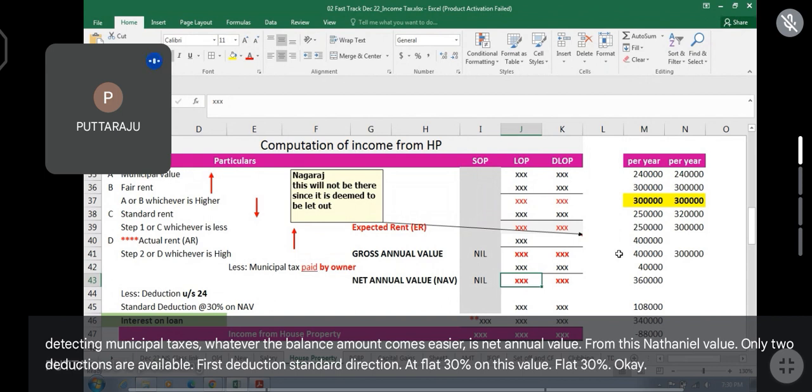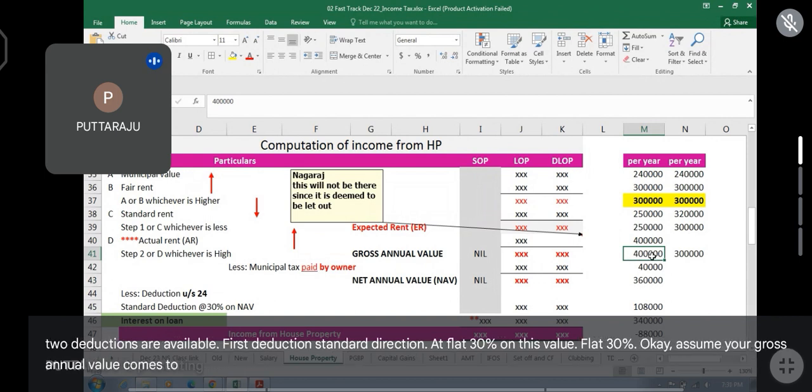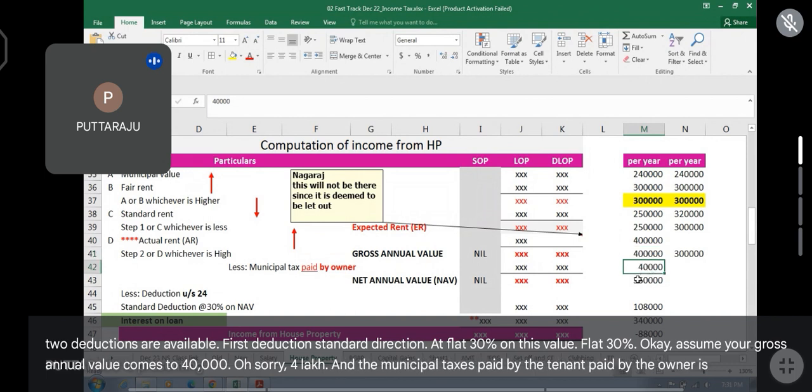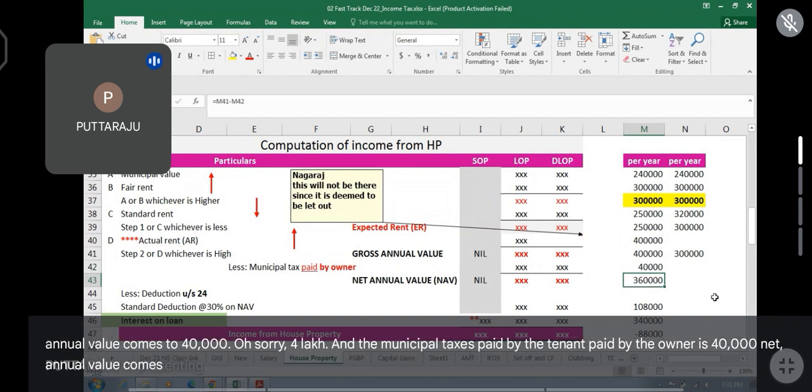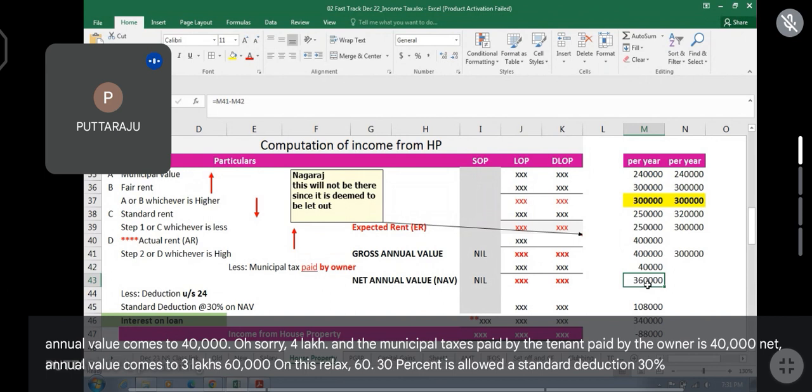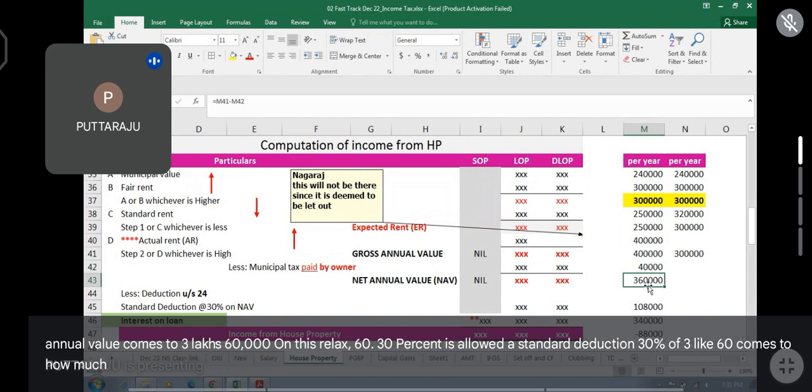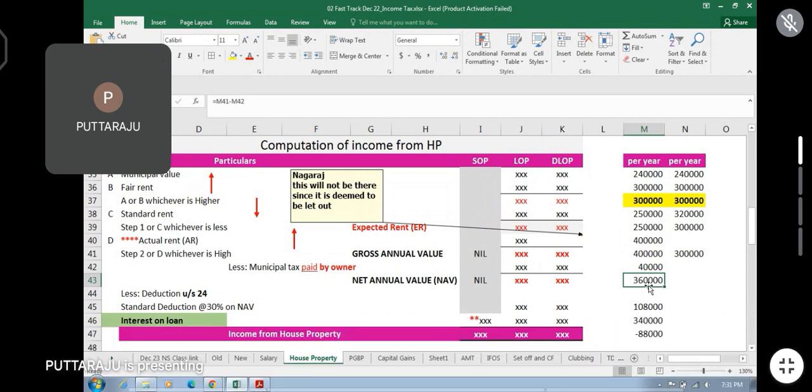Assume your gross annual value comes to 4 lakh, and the municipal taxes paid by the owner is 40,000. Net annual value comes to 3,60,000. On this 3,60,000, 30% is allowed as standard deduction. 30% of 3,60,000 comes to how much? 1,08,000.